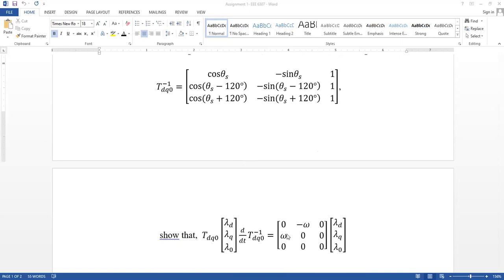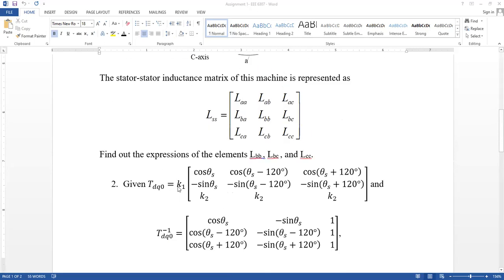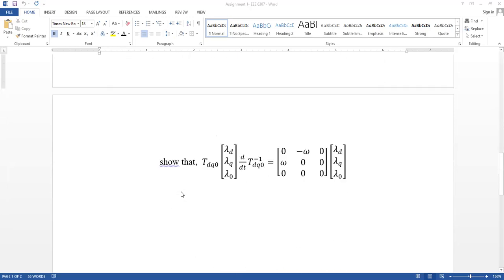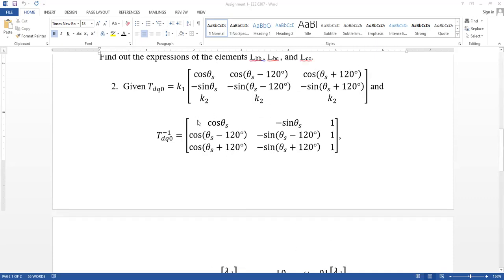Then in front of this matrix there is something like 1/3. That depends on which k1 and k2 you are taking. K1 is 2/3. You choose either without the square root or with the square root. Yes, you can check, no problem, because I haven't given any choice here. I have simply written k1 and k2.